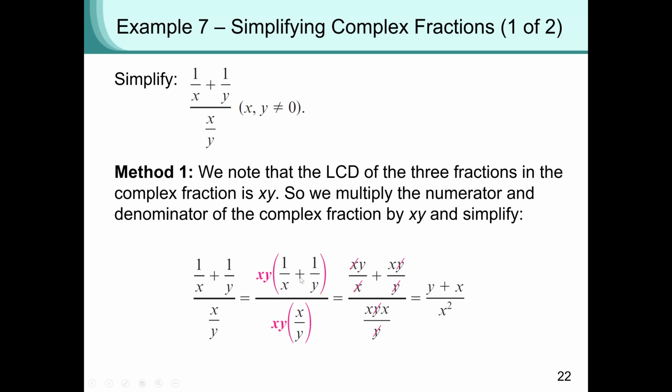And here also, the same thing, we are using fraction rules. I can say xy divided by x plus xy divided by y. And that's what we have here. Then when we cancel, we get y plus x. So our final solution will be y plus x divided by x squared.